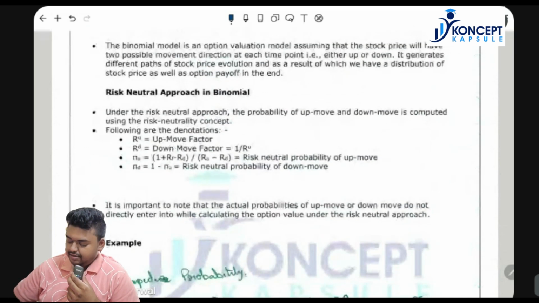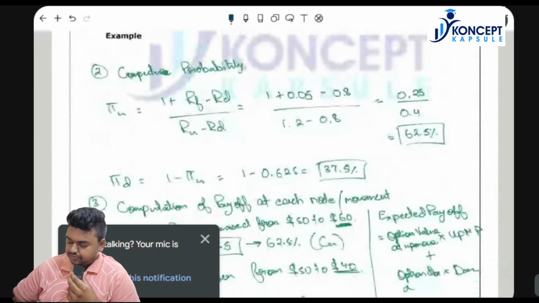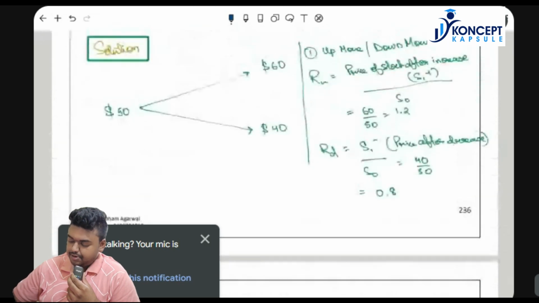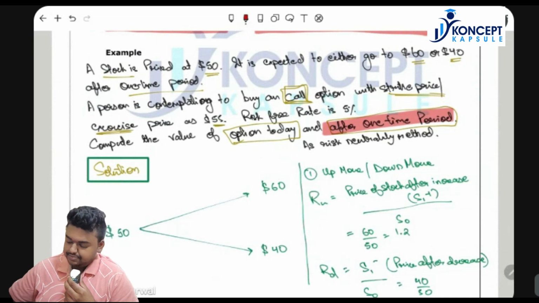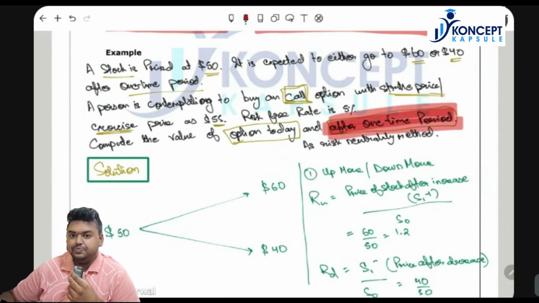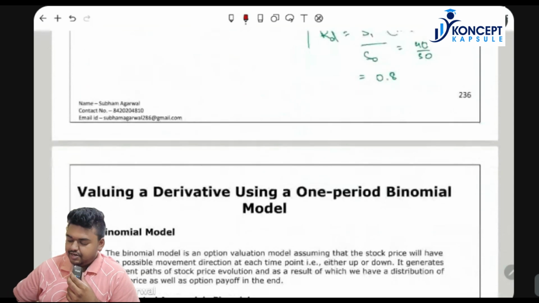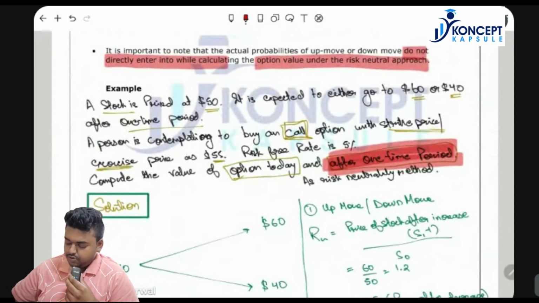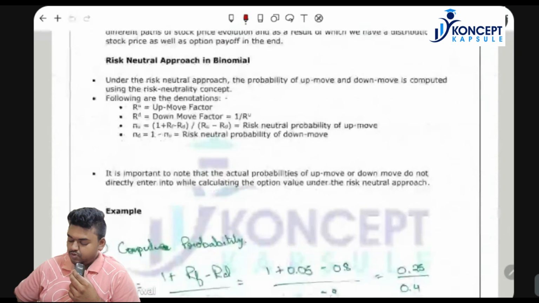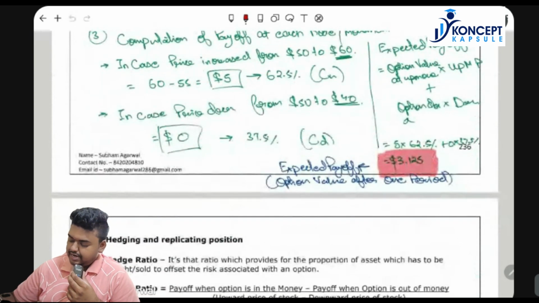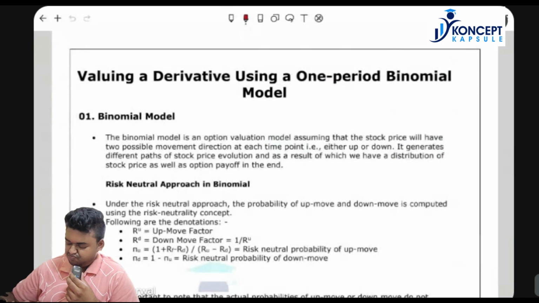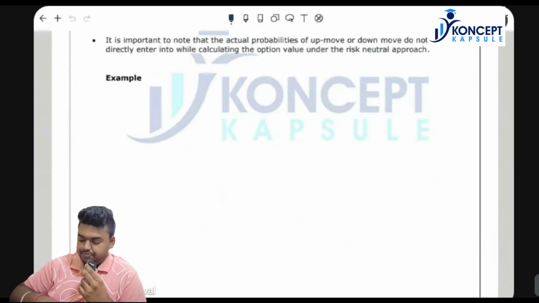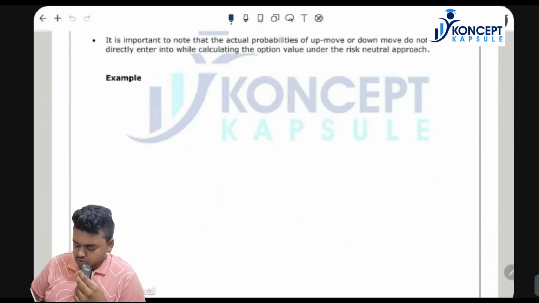So we have already done this computation. What was the requirement of the question? We had to compute the value of the option after one period, guys. Yes or no? So we have already done it. Now the only thing left is to compute the option value today. How do we compute it, guys? There is a simple trick.